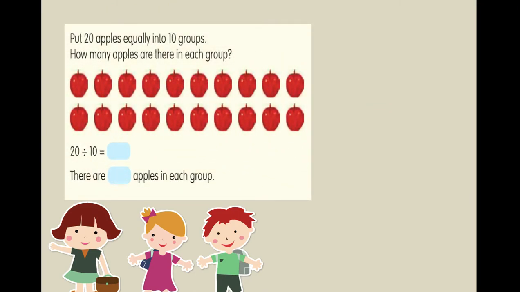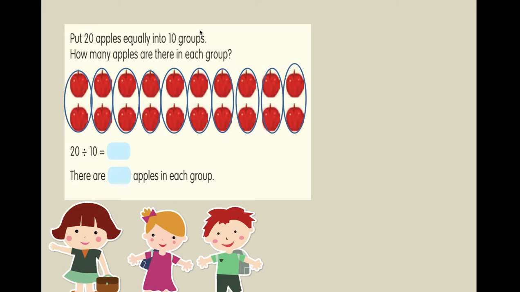Put 20 apples equally into 10 groups. How many apples are there in each group? Okay, so let's divide this into 10 groups. Let's start. 1, 2, 3, 4, 5, 6, 7, 8, 9, 10.